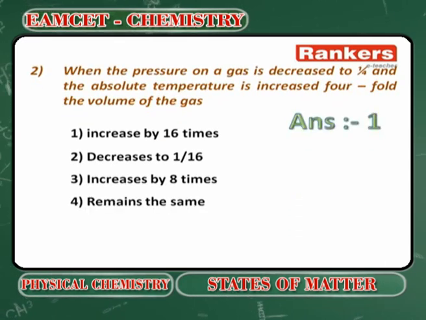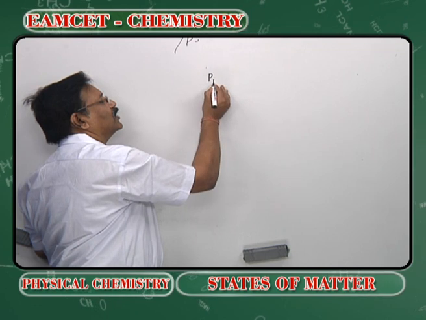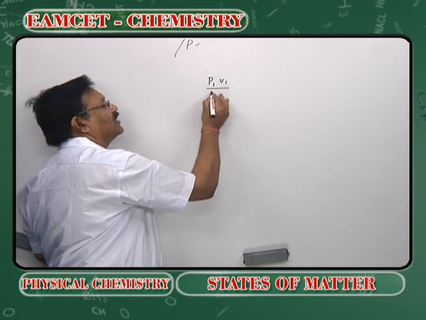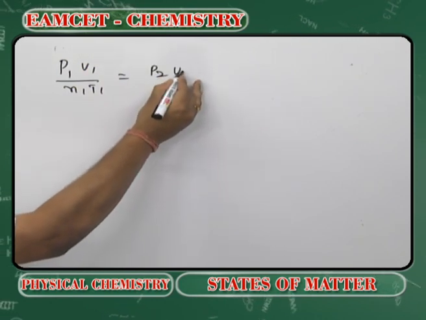When the pressure of gas is decreased to 1/4 and absolute temperature is increased by 4-fold, what will be the volume of the gas? To answer this type of question, we have to use P1 V1 by N1 T1 is equal to P2 V2 by N2 T2.